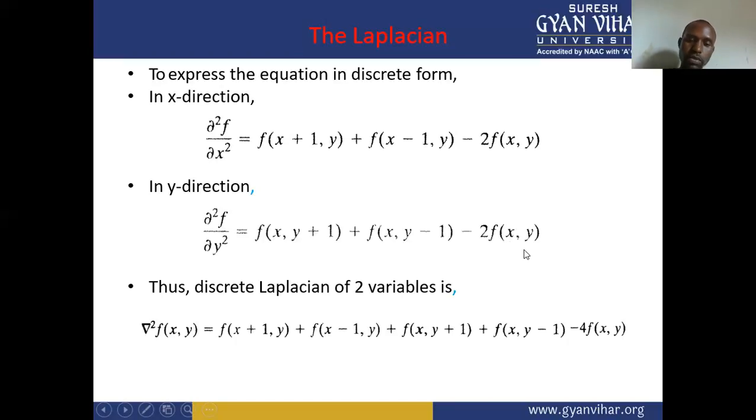So all these, we can decompose together into one equation and say that the change of f into x comma y is given by f into x plus 1 comma y plus f into x minus 1 comma y plus f into x comma y plus 1, etc. So the product that we get is just the combination of the x direction plus the y direction.